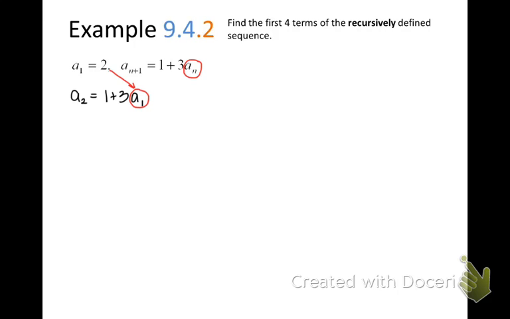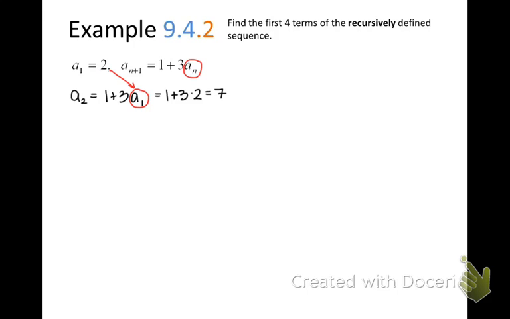Okay, so that's going to be 1 plus 3 times 2 equals 7, right? Notice that I didn't plug in 2 here because it was the second term. I plugged in 2 because a sub 1 happened to be 2.